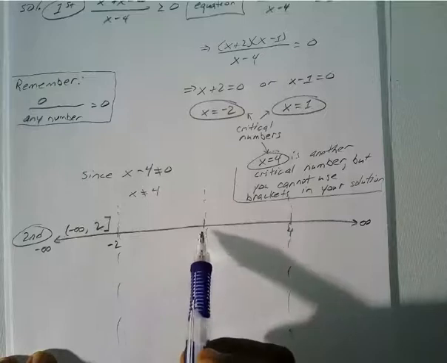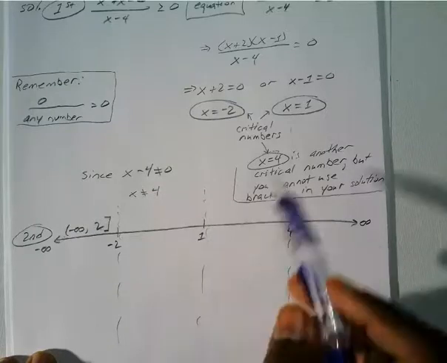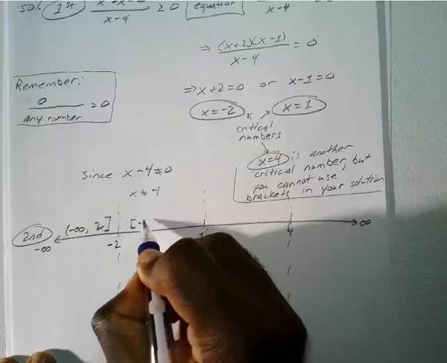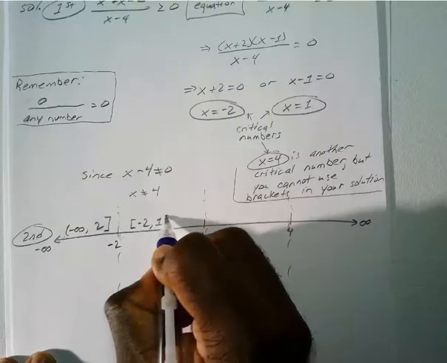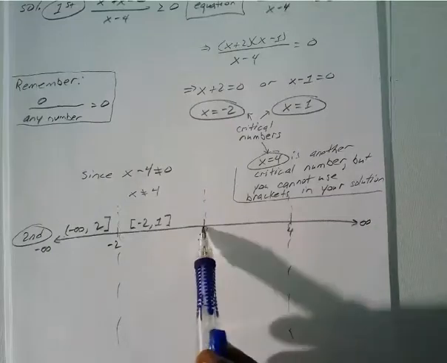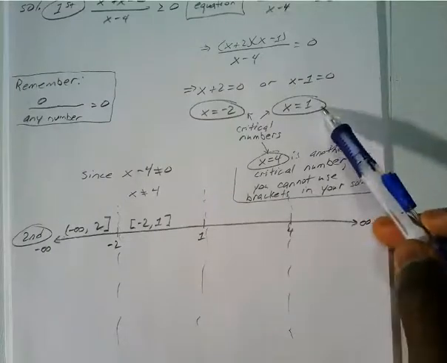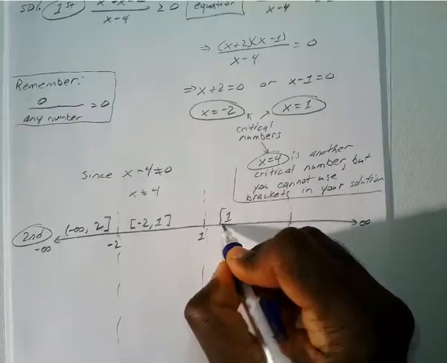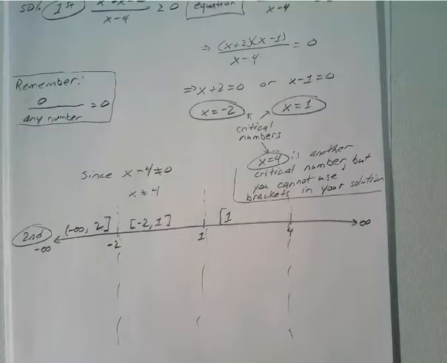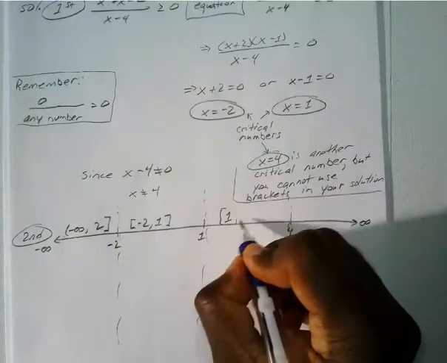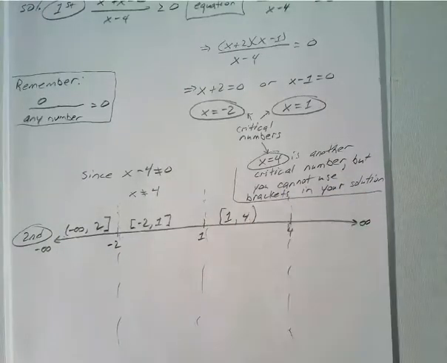From -2 to 1, again, those are in the numerator, so we can use the brackets for those. Now from 1 to 4, 1 is a critical point in our numerator, so we can use the bracket for that critical point. But 4 is the critical point of our denominator, and remember, for that one, you have to use parentheses.